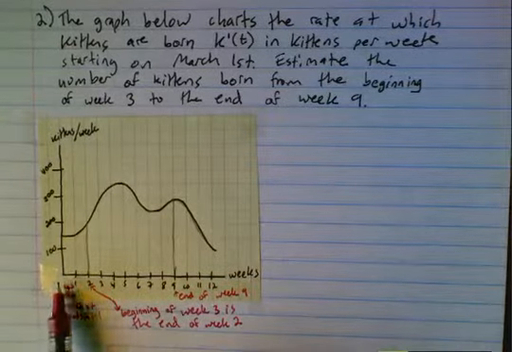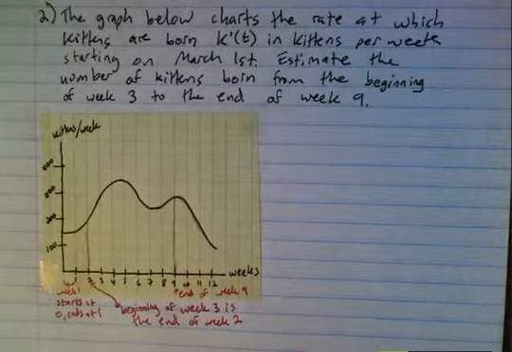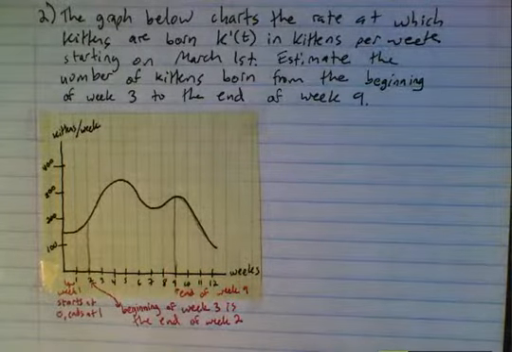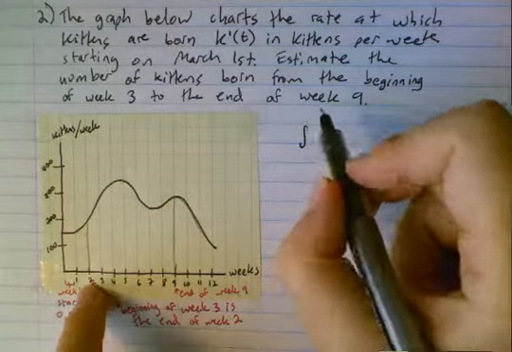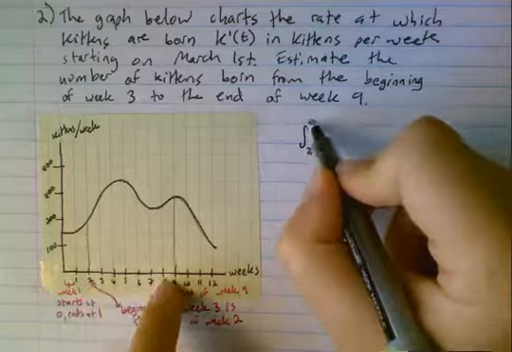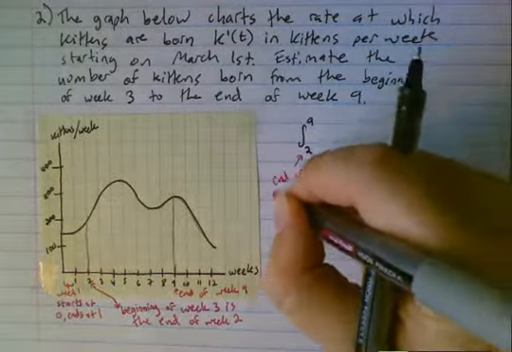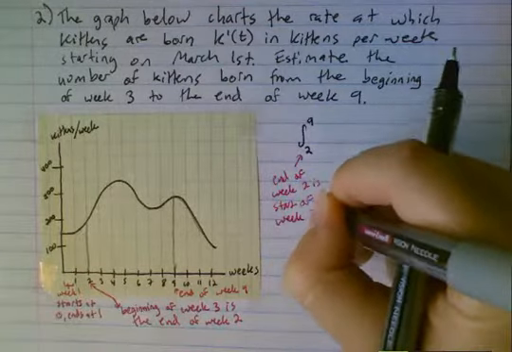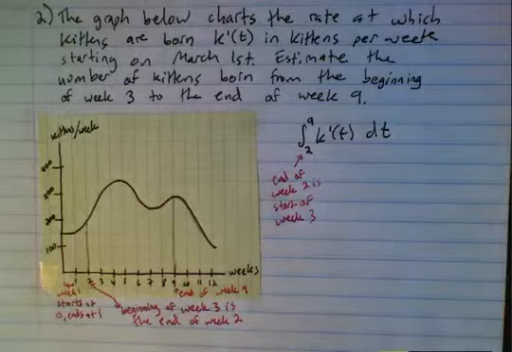This is the beginning of the first week, end of the first week, beginning of the second week, end of the second week, and so on. So now what we're going to do is we're just going to estimate the area. But first let's write this. So number of kittens is going to be the integral, the area in this case from 2 to 9, of k prime of t dt. And so now what we're going to do is we're just going to count those blocks, estimate.